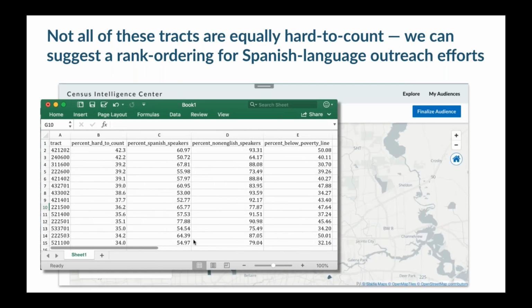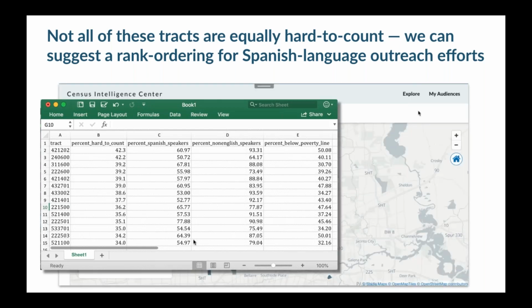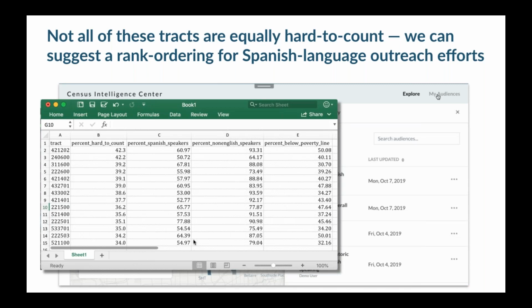So here I've just exported it to an Excel file, and here we have one row for every tract that met those filter criteria that we've defined, and then some information about each of those tracts. So we've included the percent of people that are hard to count, and then also Spanish speakers below the poverty level, and you could add a lot of other data here.